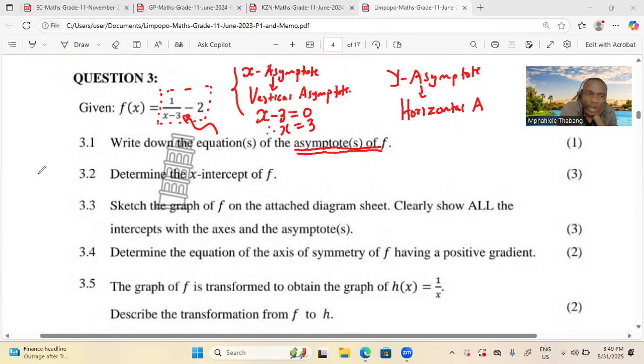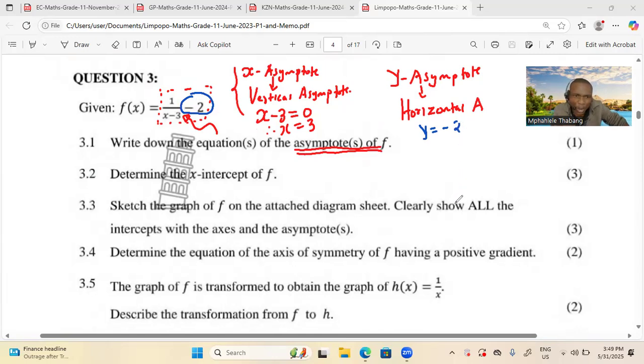Go back to the function f of x. The number standing alone, -2, the number at the end, is our y asymptote. What is the equation of the y asymptote? y equals -2.